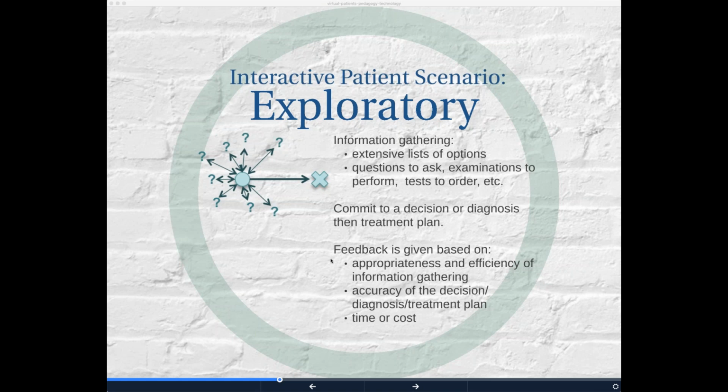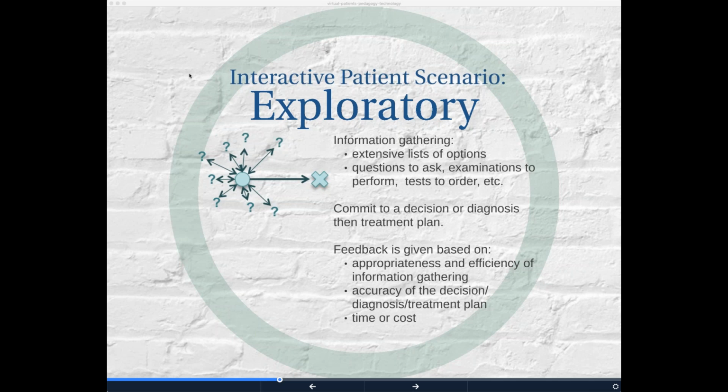So in exploratory virtual patients, the learner begins at a set point, typically being introduced to a patient or client, and the context of their challenge and their situation. But from there, there's many different options the learner can take.